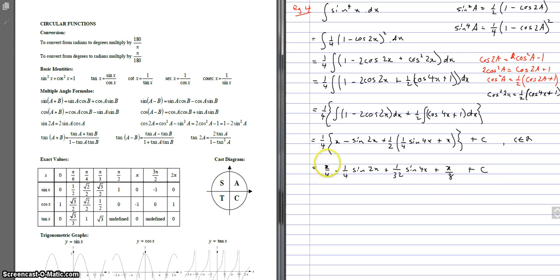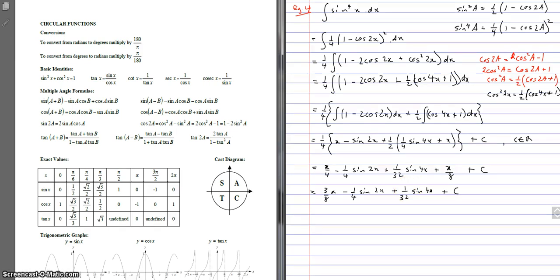We can still collect some like terms, just these ones here. Three eighths x minus 1/4 sine 2x plus 1 over 32 sine 4x plus c.